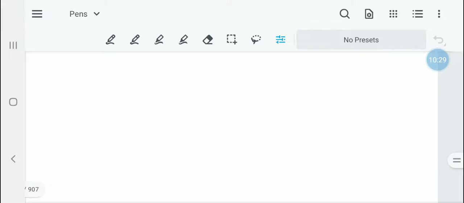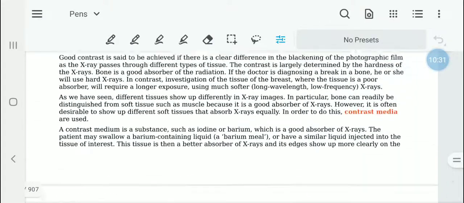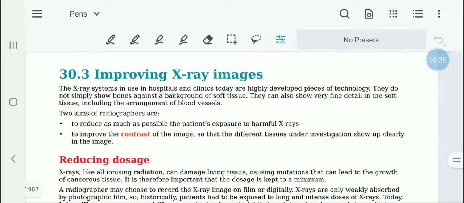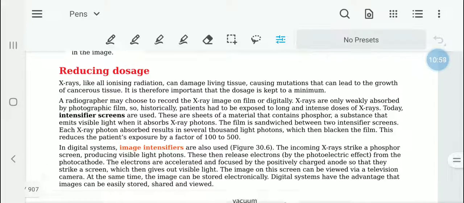So let's write down a note on this before going to the question. X-ray images can be improved by using various mechanisms. The objective is to reduce the patient's exposure to harmful X-rays and to improve the contrast of the image so that different tissues can be observed clearly.